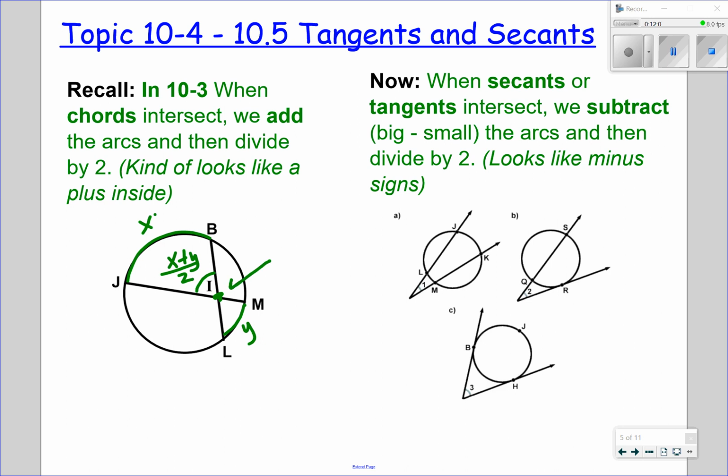If the intersection is inside the circle, you're going to add the arcs, divide by 2. If the intersection is outside the circle, like these, you're going to subtract the arcs, big minus small, and then divide by 2. Just to keep it straight. I know it kind of blurs together with all these different theorems and formulas.